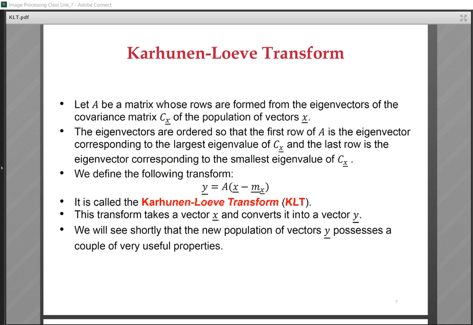We define the following transform here. This is the transform named KLT.